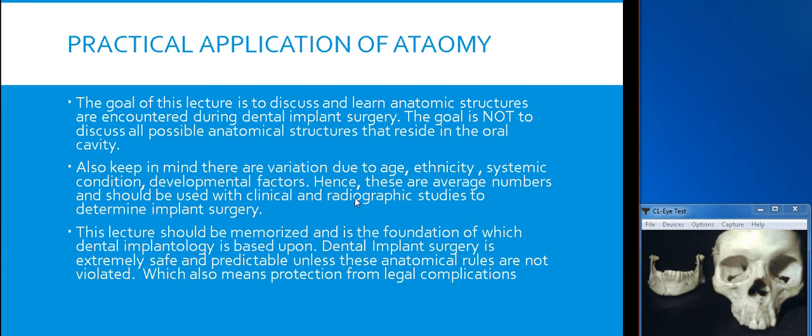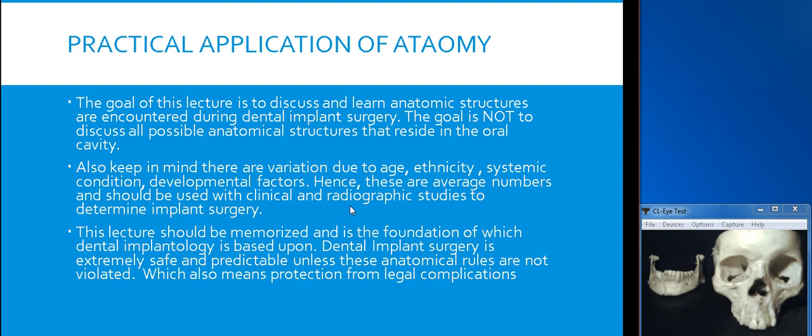Know it so well by heart that you can literally close your eyes and know where you are just by having this whole anatomy picture in your head. And if you have a good hand on this anatomy, then dental implantology becomes extremely safe and predictable.